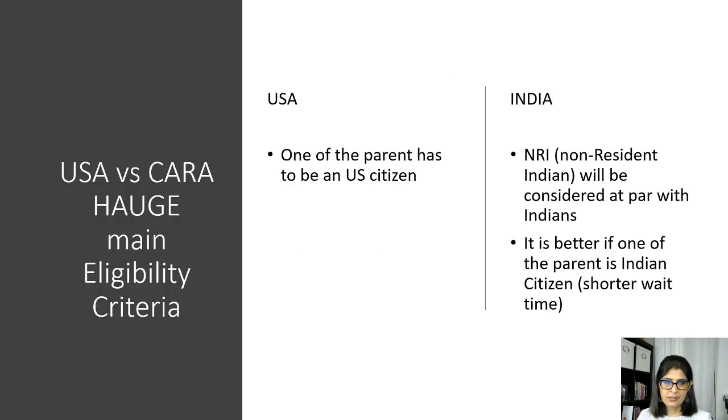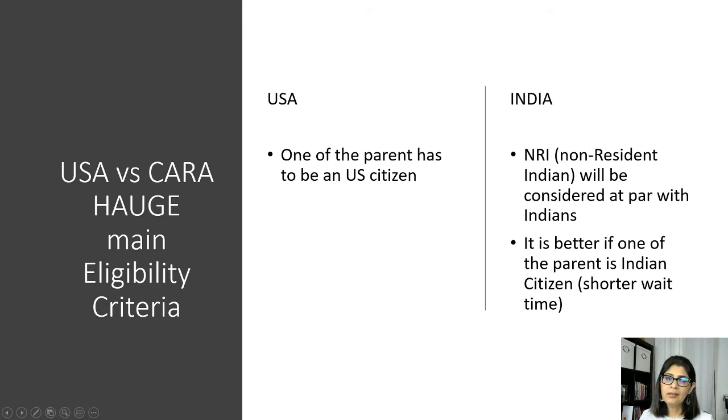So US versus CARA, Hague main eligibility criteria. As per the US, one of the parents has to be a US citizen, which definitely the NRIs don't fulfill. As per CARA, you are eligible to apply. There are other eligibility criteria as well, which I'm not going to talk about, but you can find them on CARA's website, and I can show you in my next video where.